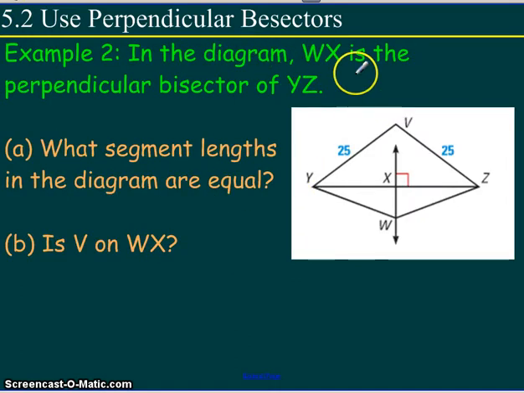Alright, in the diagram, WX is the perpendicular bisector of YZ. What are the segment lengths in the diagram that are equal? Well, I think we could state that since these are 25, YV would have to be equal to ZV.